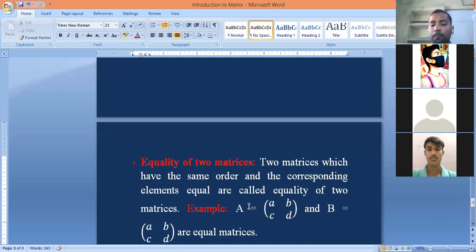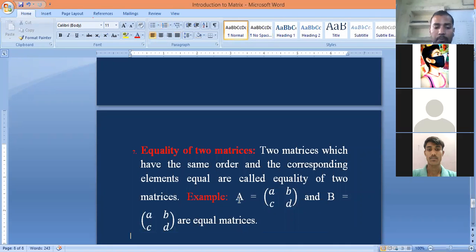In the same way, if we talk about the example here, in the first example we have matrix A is equal to A, B, C, D, and matrix B is also equal to A, B, C, D, and they are equal matrices. How?